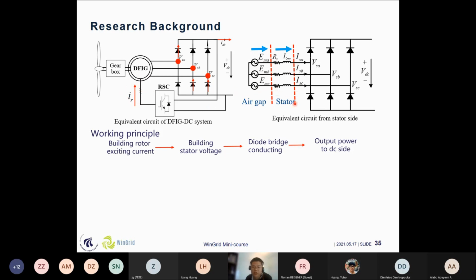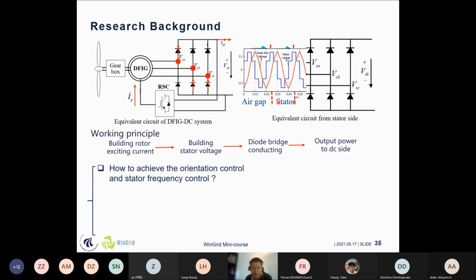If the diode bridge is in the 3-3 conduction mode, it means that at least 3 diodes are conducting at every moment. So the stator voltage will become a step wave, but the stator flux linkage is the integral of the stator voltage, so it will become less distorted.